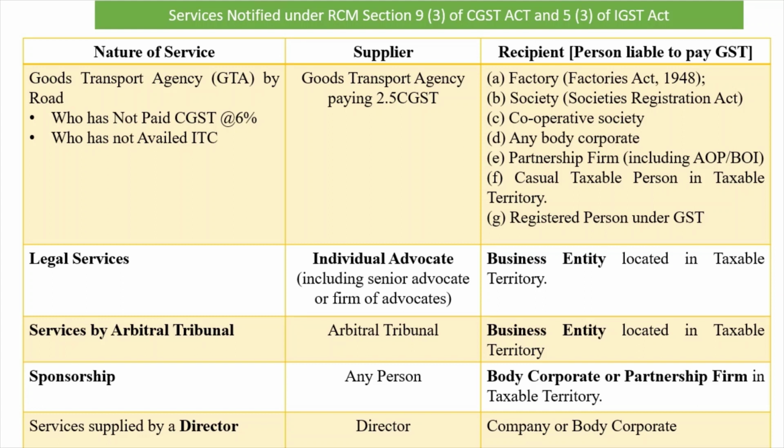Then next one, sponsorship service. It can be provided by any person, body corporate or partnership firm in the taxable territory. Now in sponsorship, the recipient of a sponsorship service is liable to pay GST. Suppose BCA has organized a cricket tournament and some organization has provided sponsorship services to BCA, like Reliance has provided the sponsorship service to that BCA.